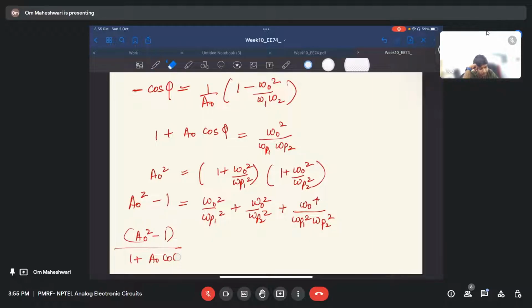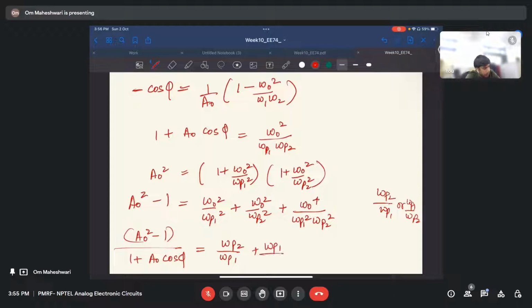So why are we doing this? Ultimately, we want to find something that is omega p2 by omega p1 or omega p1 by omega p2. So we are trying different arrangements to find that. If I see this, it will be omega p2 by omega p1 plus omega p1 by omega p2 plus omega naught square divided by omega p1 omega p2.